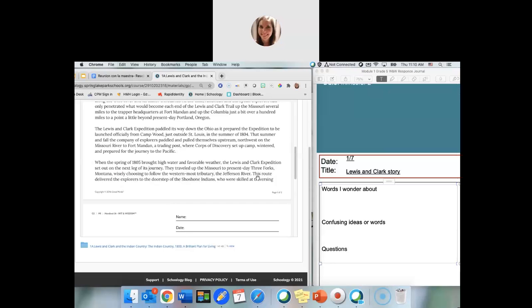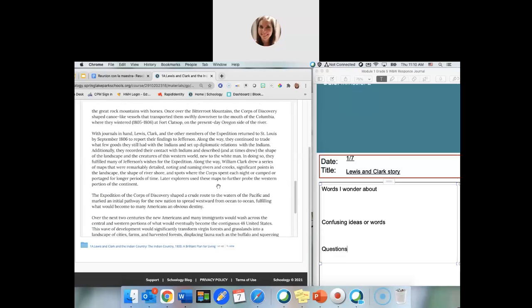to the Pacific. When the spring of 1805 brought high water and favorable weather, the Lewis and Clark expedition set out on the next leg of its journey. They traveled up the Missouri to present-day Three Forks, Montana, wisely choosing to follow the westernmost tributary, the Jefferson River.